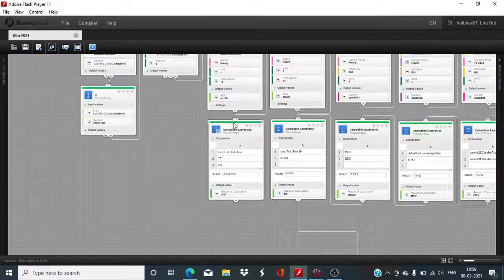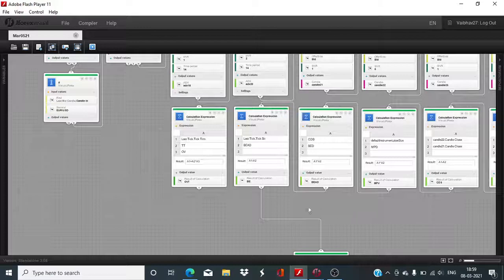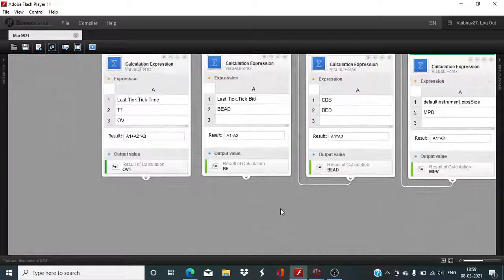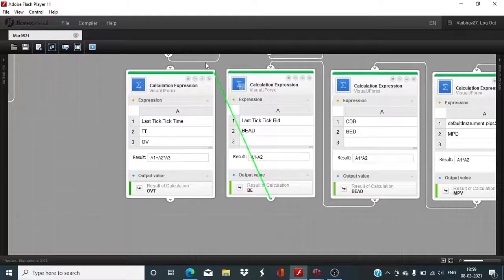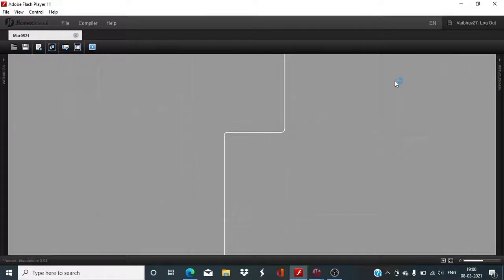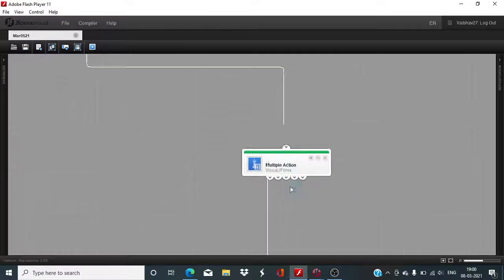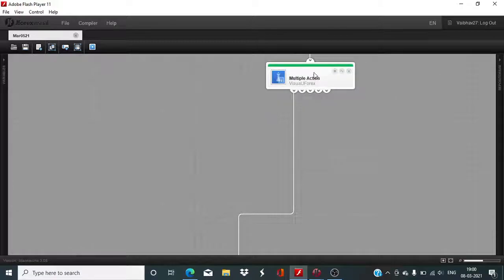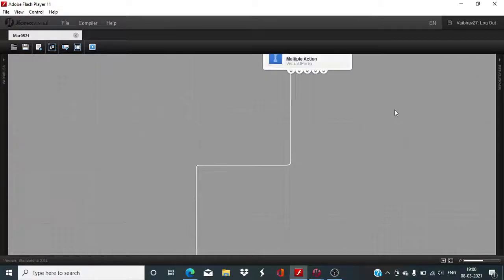So now I have defined the order validity, and I will have to disconnect and join this block here, and again here.